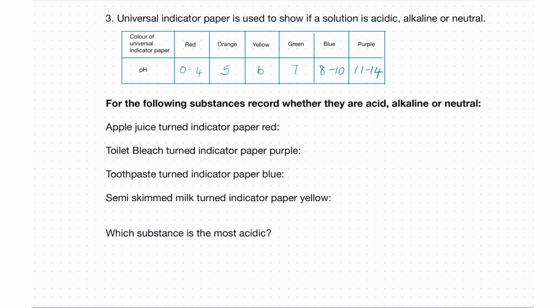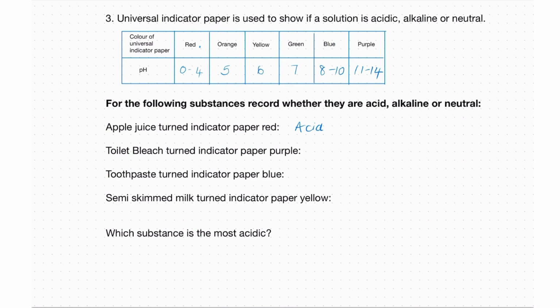The question says, for the following substances, record whether they are acidic, alkaline or neutral. Apple juice turned the indicator paper red. You know that's pH 0 to 4, so hopefully you remember that that is an acid.